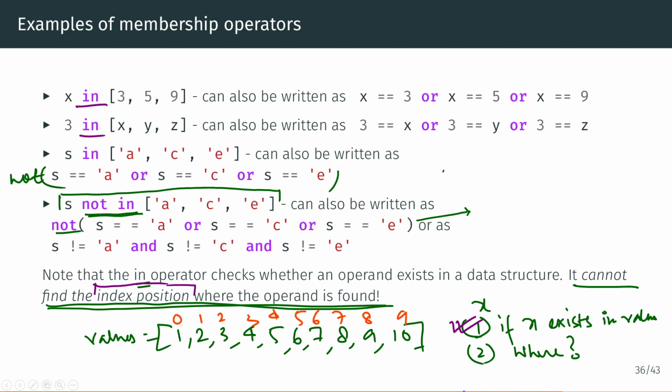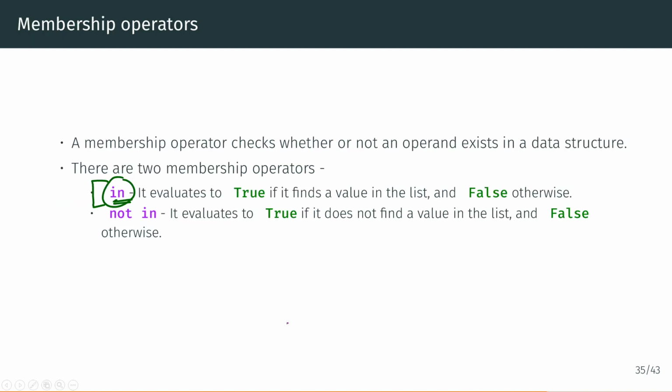In order to get the answer to the second question, you have to follow the previous approach, in which you say for v, not even that. You can't even say that. You have to use a loop with the read-modify approach.